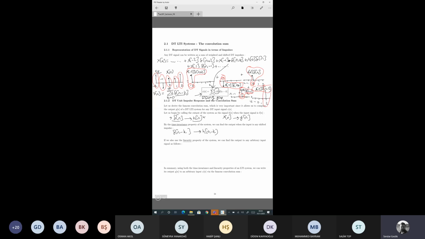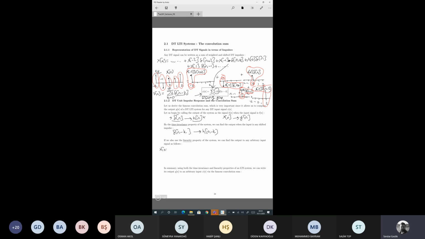Well, what about linearity? Linearity tells you that if you scale and sum the inputs, the corresponding output for these shifted and scaled inputs is simply the scaled, shifted, and summed response of the individual signals.